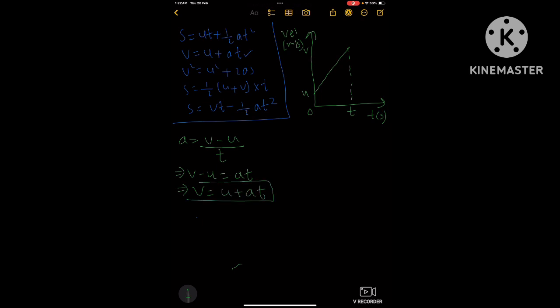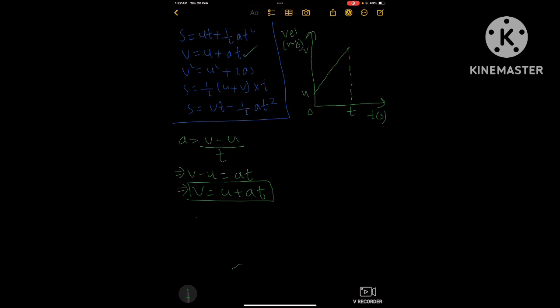So this is the first SUVAT equation: v equals u plus at, where v stands for the final velocity, u is the initial velocity, a is the acceleration, and t is the time taken.